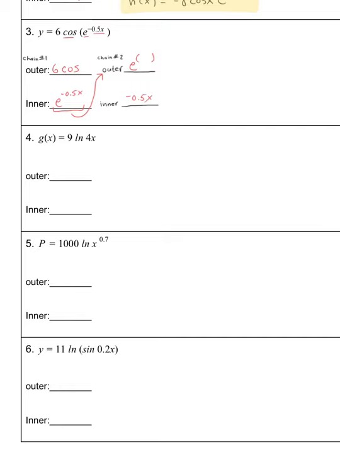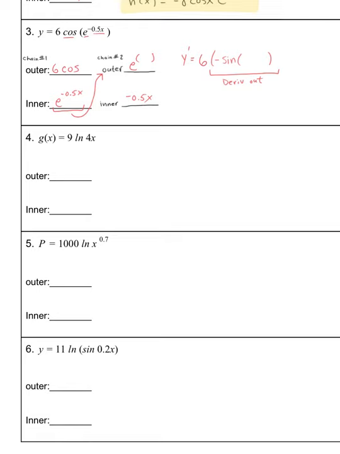So y prime is going to be, the 6 comes along for the ride. The first step, the derivative of the outer, the derivative of cosine is negative sine of something. So that is my derivative of the outer. Second step, I plug the inner as is right inside that blank set of parentheses.